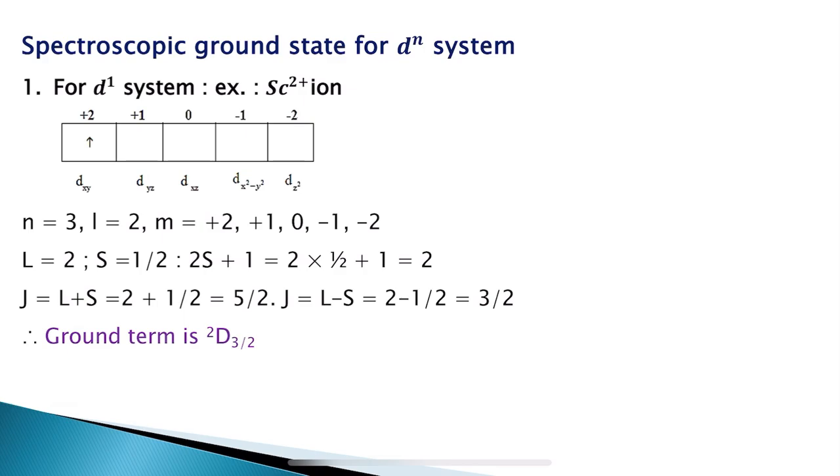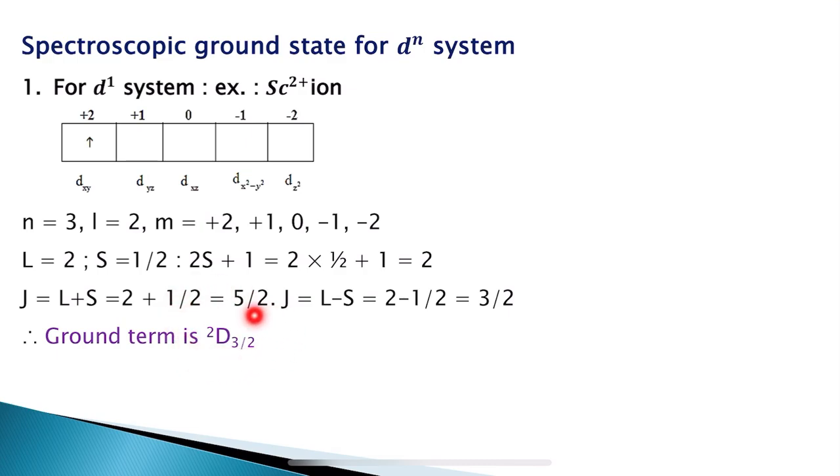Okay. So, according to the introduction we studied, the lowest value will have the more stable state. So, we will have the lowest value as more stable. That is why we are going to write the ground term of the D1 system as 2D 3 by 2. Okay.